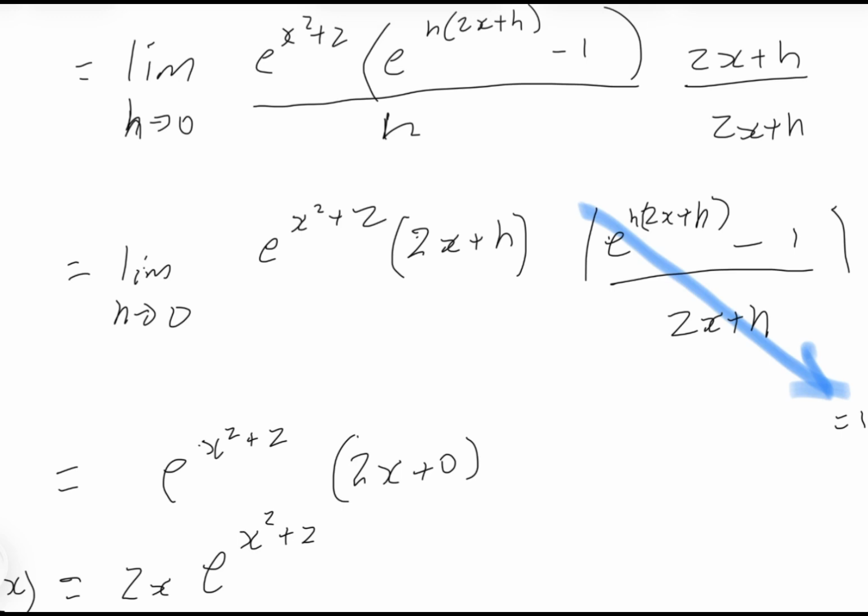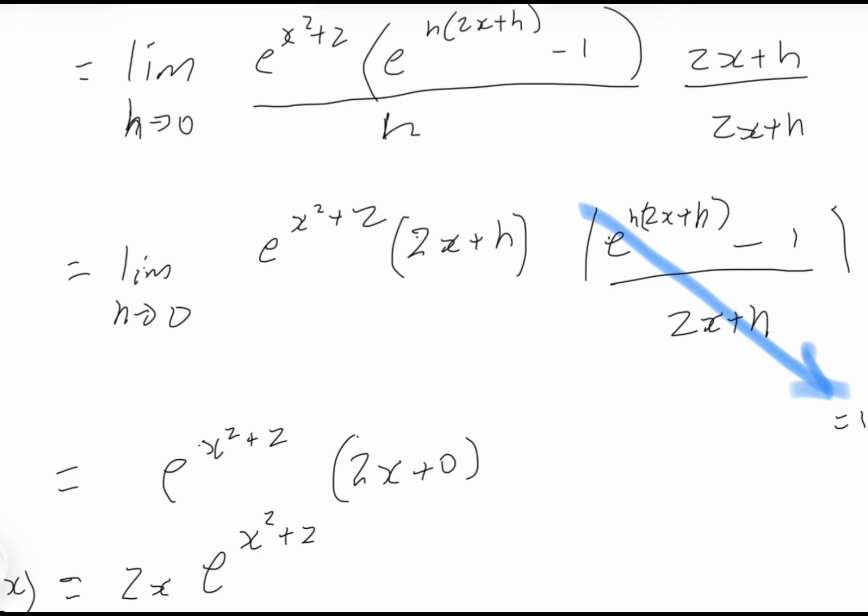And so now this is going to be equal to the limit as h approaches 0, e to the x squared plus 2 times (2x plus h), close brackets, times e to the h bracket 2x plus h minus 1, close brackets, all over 2x plus h.